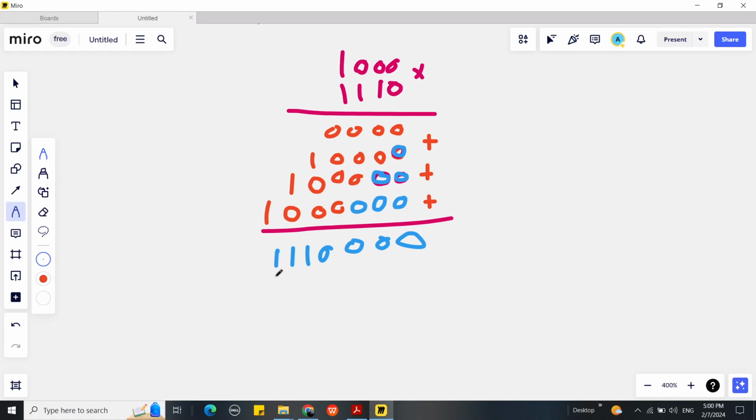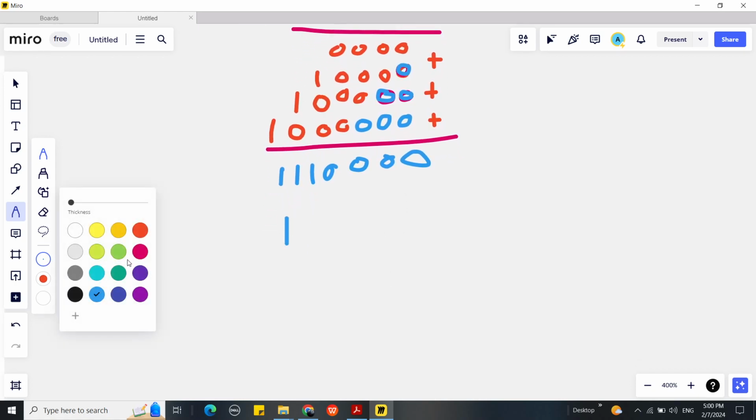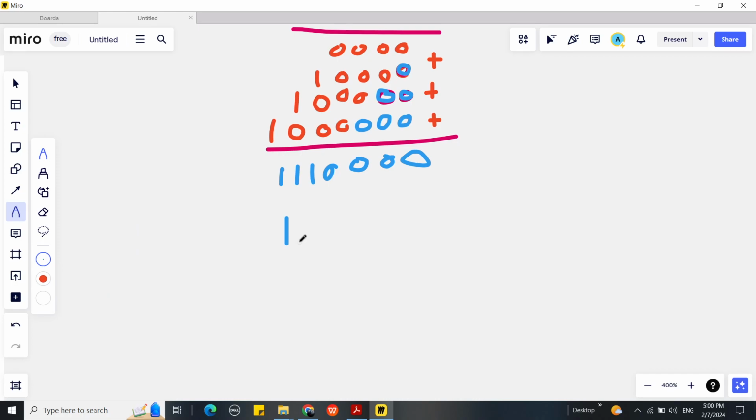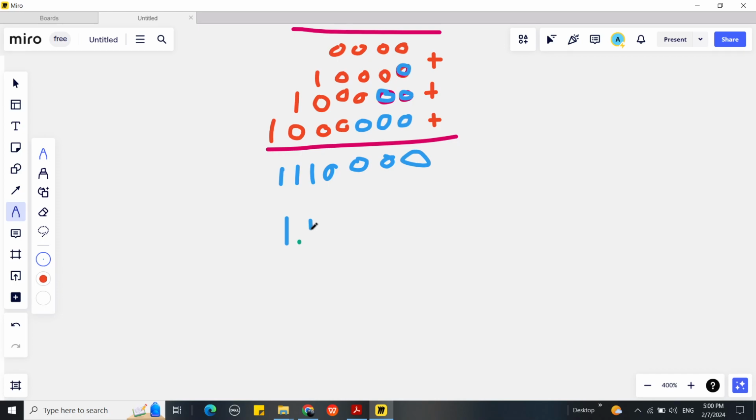So this is gonna be your final solution of the multiplication, right? You're gonna write it one more time, one, and then we want it in scientific notation, so we're just gonna add the decimal, right? And then we keep writing the number one one, and at this point you can stop here.